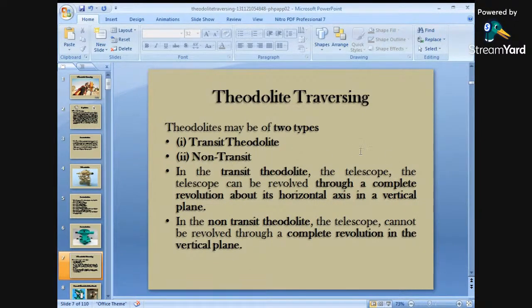By definition, in the transit theodolite, the telescope can be revolved through a complete revolution about its horizontal axis in a vertical plane. And in case of non-transit theodolite, the telescope cannot be revolved through a complete revolution in the vertical plane. So this is the main difference between a transit and non-transit theodolite.